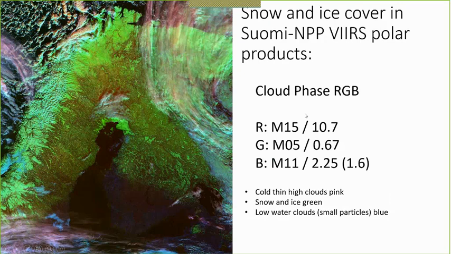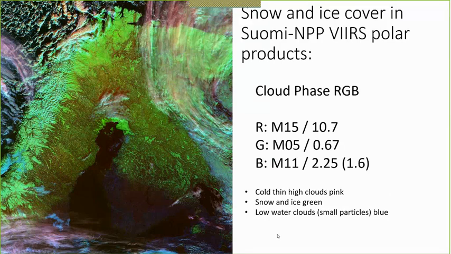So I just tried to make sure that I understood the channels correctly, but they are probably going to change this channel to 1.6. So just for your information, if you have seen this product with different channels, there are several different kinds of cloud phase products.